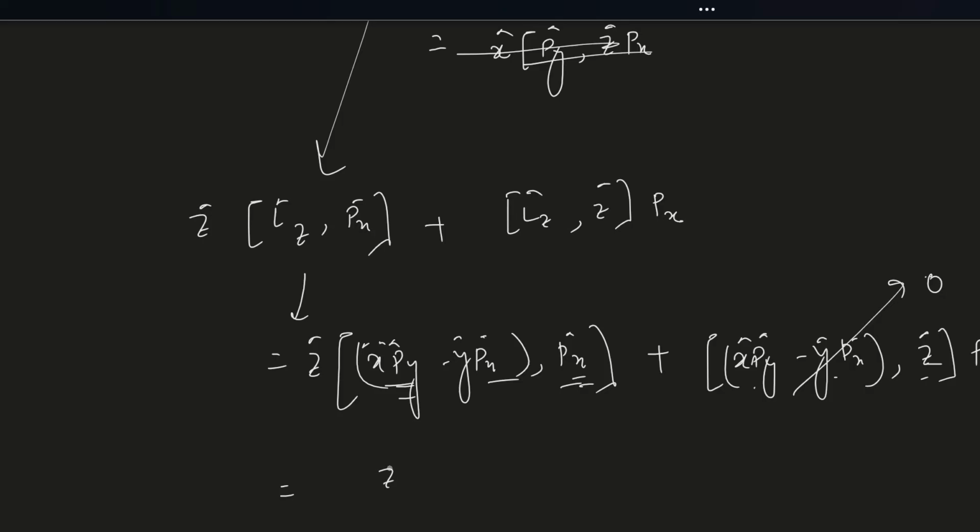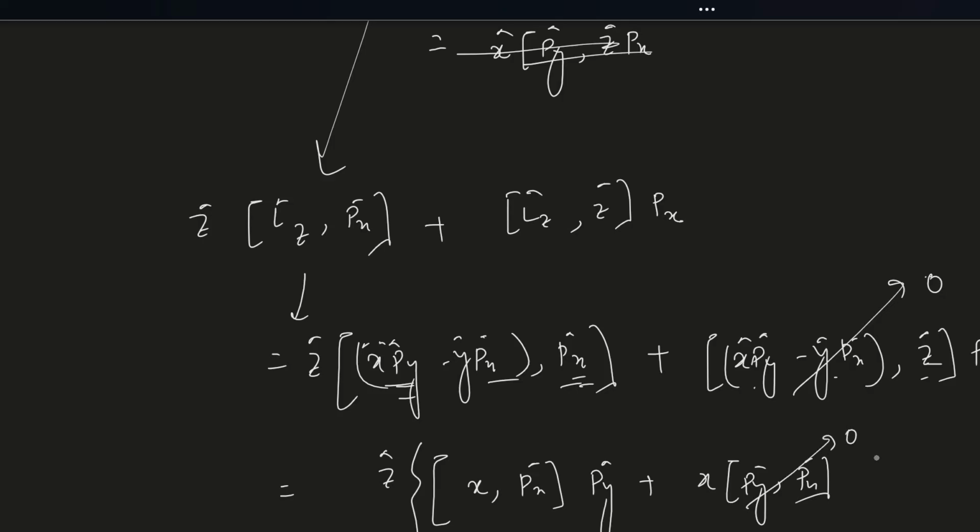So how to solve this? This is ẑ, then x comma px py plus x py px. This part is already 0 because they are non-identical variables x and y. Then minus y px, this will also be 0 because they are of the same term.